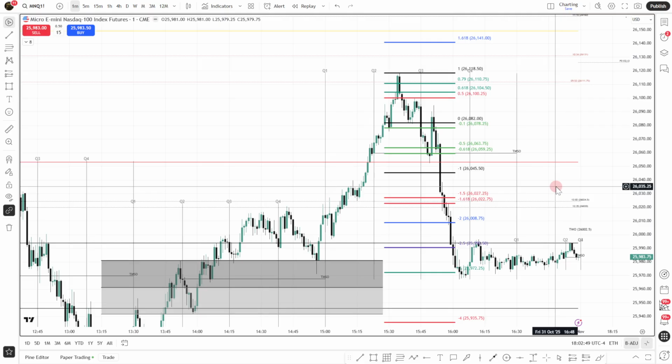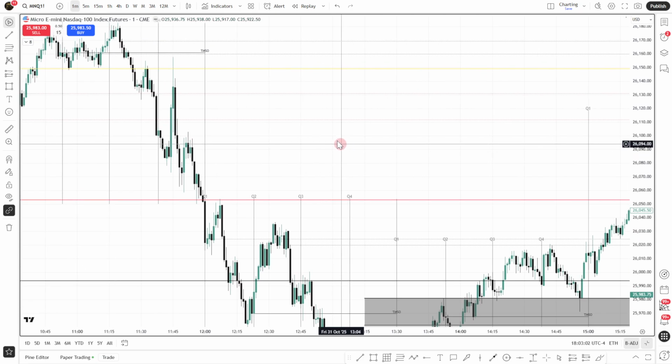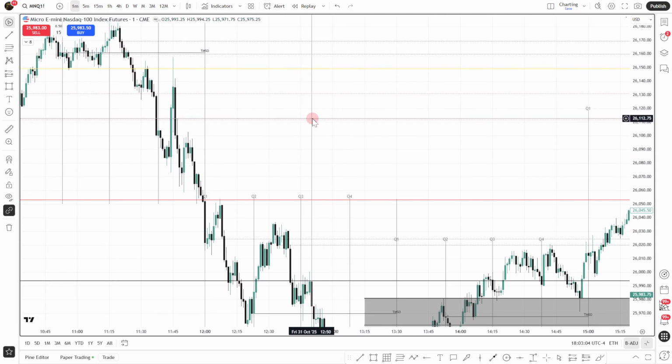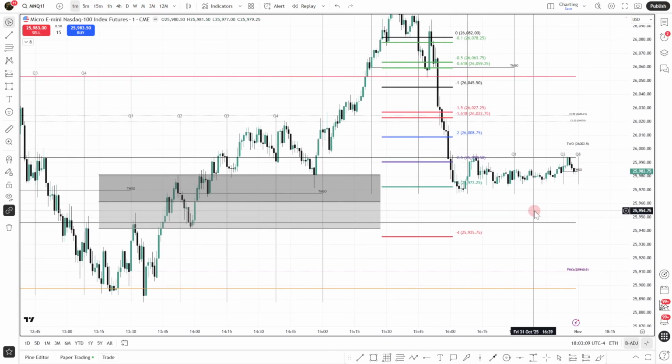If we're offsides and we get an entry where we kind of chased. So if we can eliminate that in and of itself, then I think we can continue to be successful and really lower our exposure to how much risk we're exposing ourselves to, and look for high probability what price should probably do.